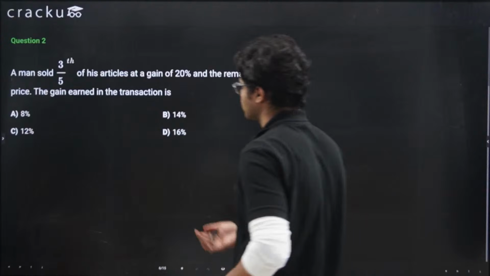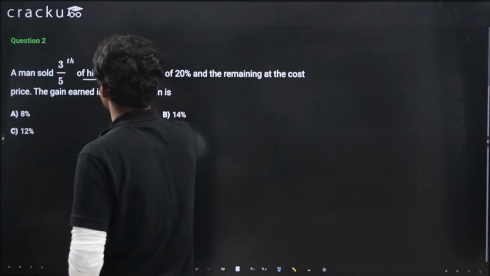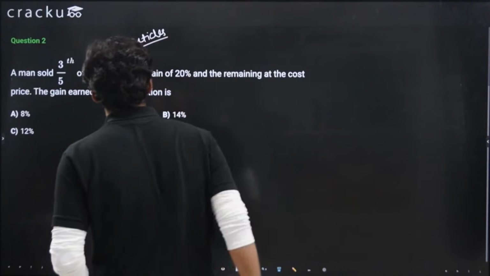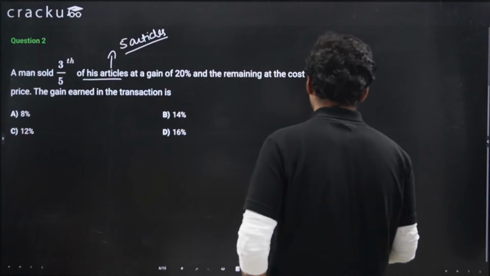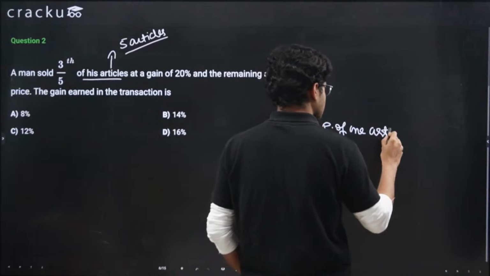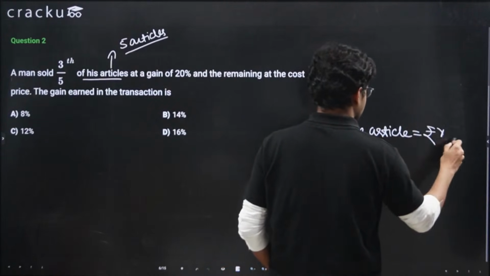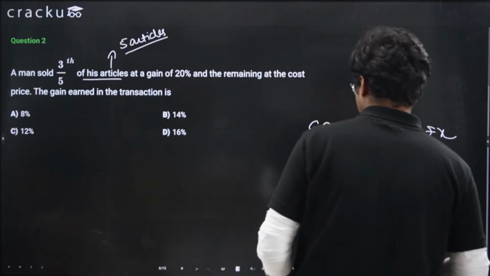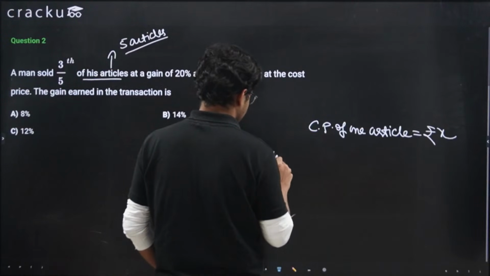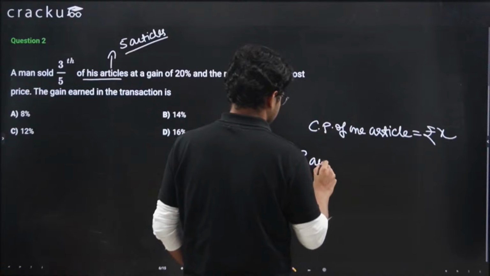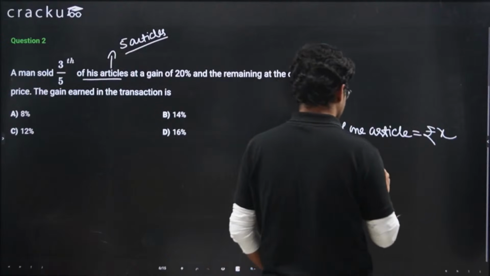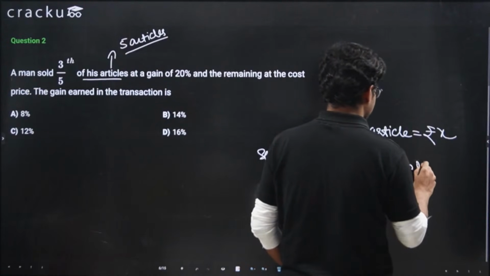Let's say the man is having 5 articles, and the cost price of one article be rupees X. Now he is selling 3/5 of the articles, which means he is selling 3 articles at a gain of 20%.